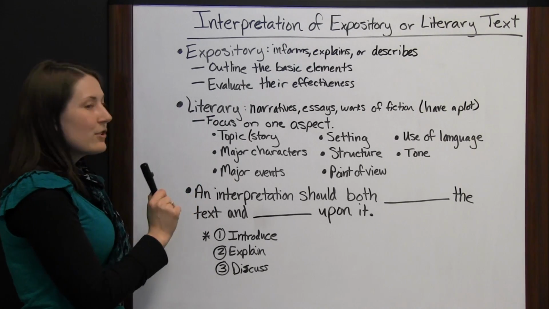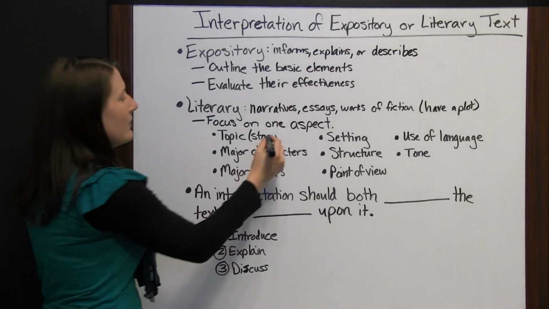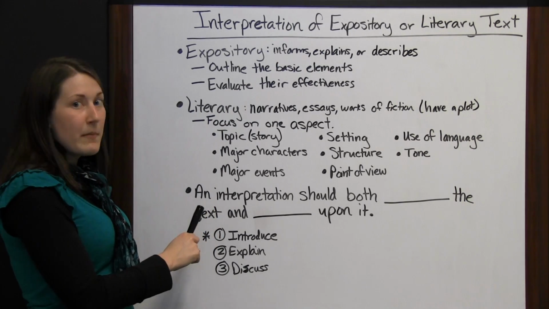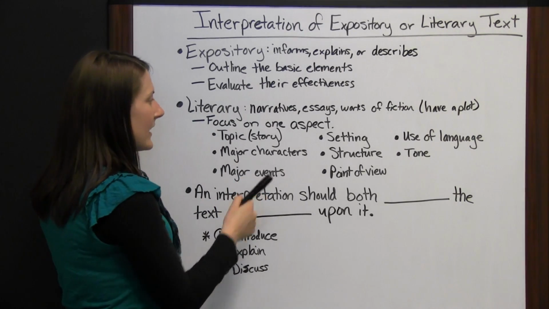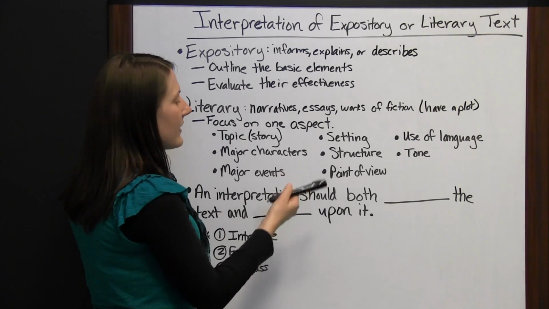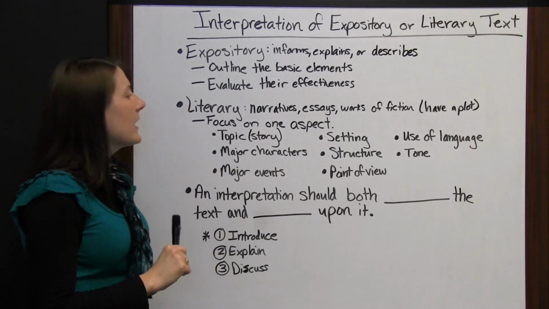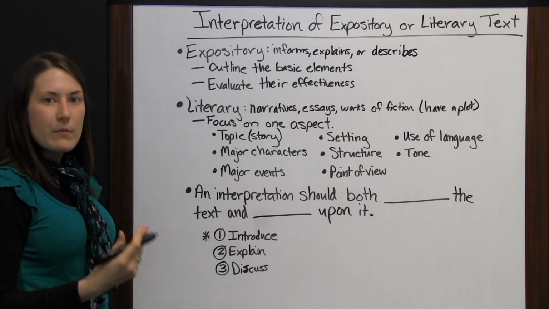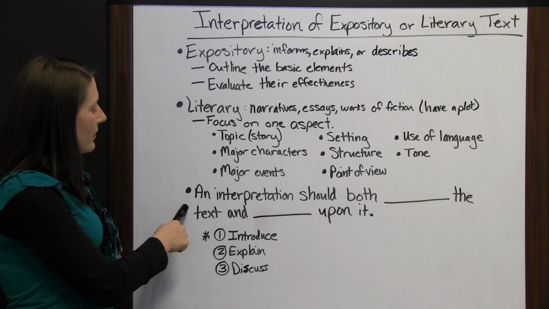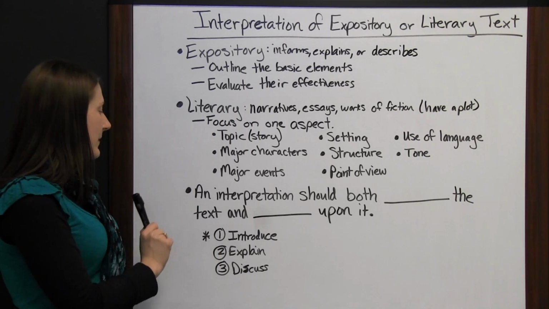So, some aspects you could choose from are the topic of the story, major characters in the story, major events, the setting, structure, point of view, use of language, or tone. Any of these would work. Pick one, focus on that one, and what you're going to do is explained here.